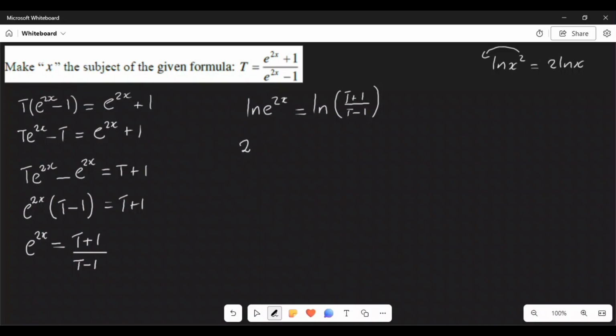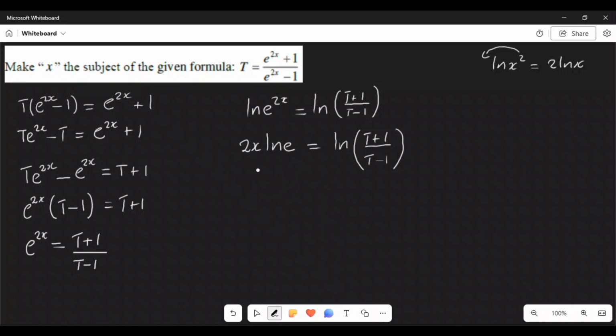So it's going to be 2x multiplied by natural log e, right? And then on this right hand side, we just leave it as it is. We don't do anything at the moment. So natural log of t plus 1 over t minus 1. All right, I hope you guys can see what's happening here.